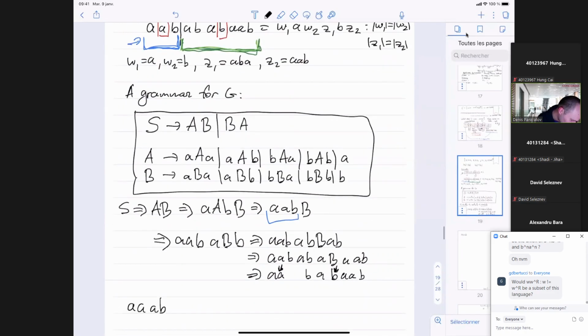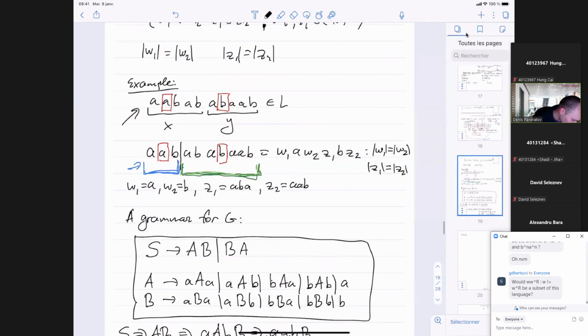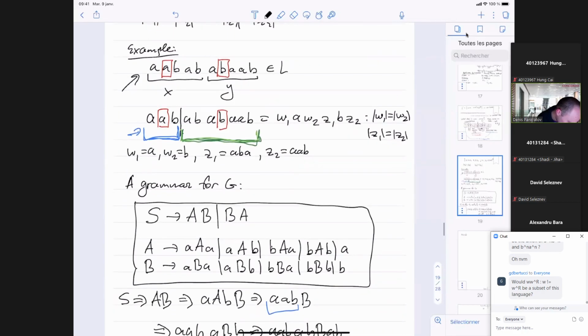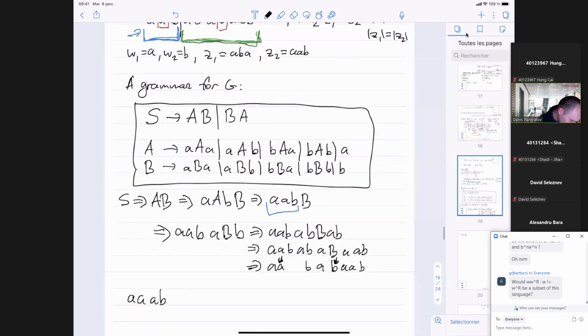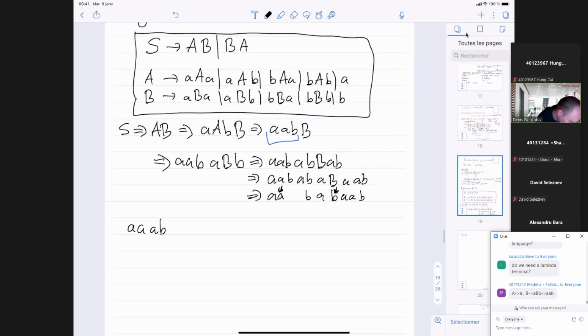We would need to modify it. That's a good point. So let's have a look how to fix it. No, for that specific string, it works because you generate one A and the B just generates a B. Oh, yeah, that's true. Okay, good point.